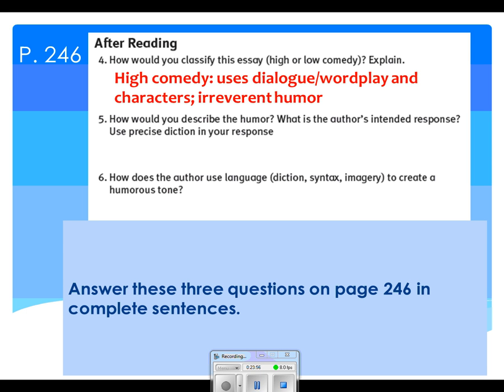Now the reason why it's high comedy, yes, it takes a while to process. Yes, you have to think about it. But in terms of the content, you've got to listen to the dialogue. You've got to figure out the wordplay. What exactly are the characters saying here? Well, our characters are narrator, daughter Sophie, the aquarium guy.